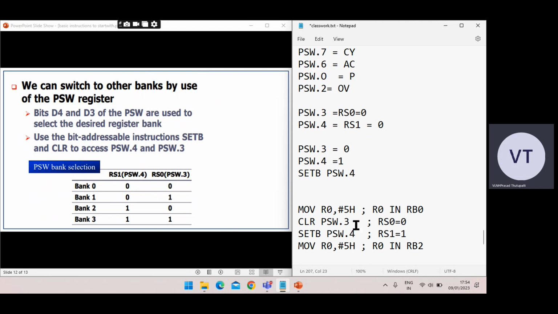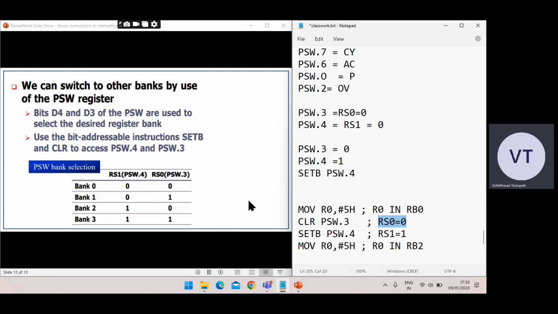Why is this in RB0 and this in RB2? Because we have changed register select 0 to 0 and register select 1 to 1. So by changing these 2 bits, you can switch from one register bank to another.